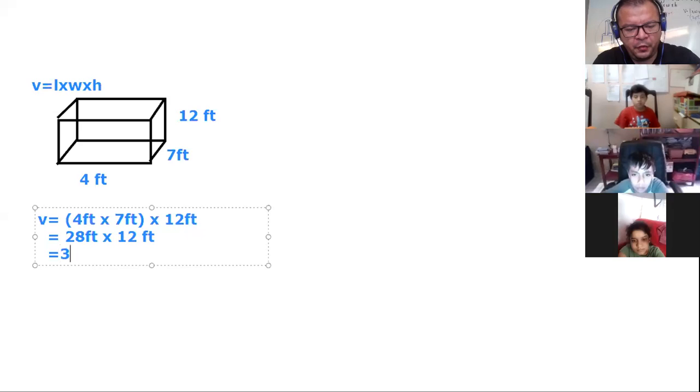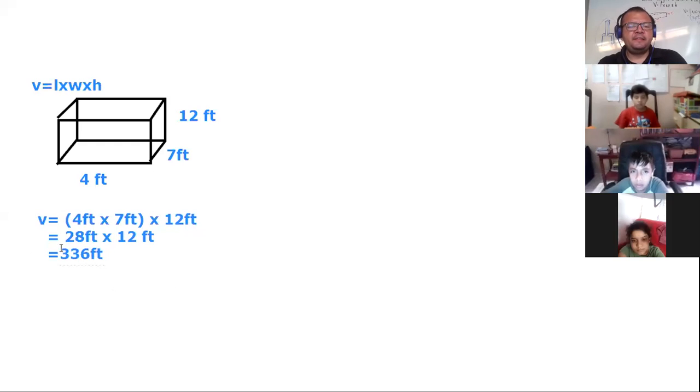That is the volume of this figure. Remember, I can write the number 2 very tiny. I don't know how to write it in here, but we know that here is squared and here is cubic.